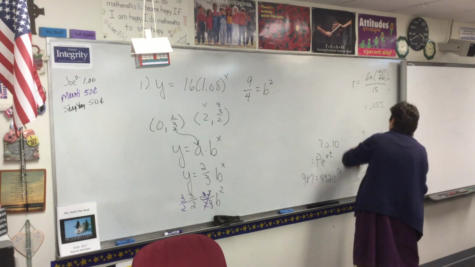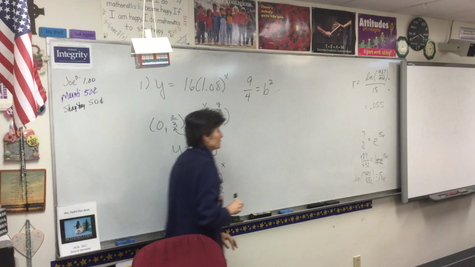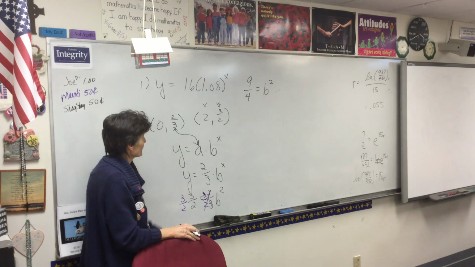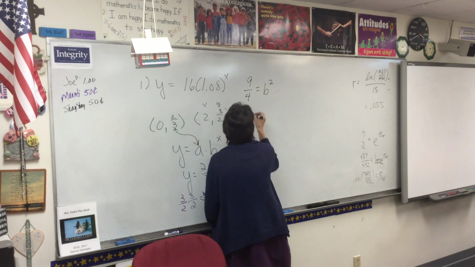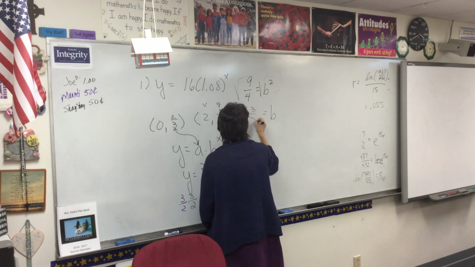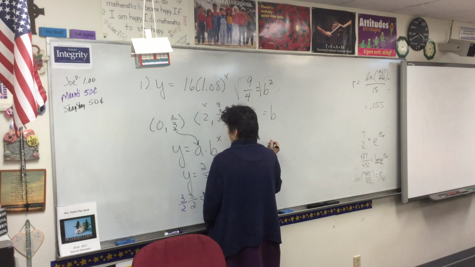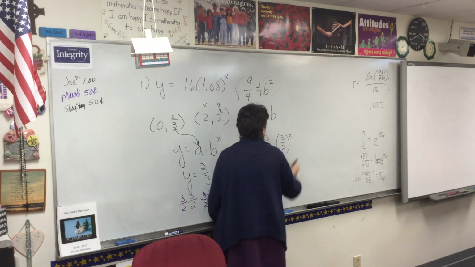I know they're fractions. Keep in mind this is no calculator, so you're gonna have to be able to deal with that. So what do I do now? Square root. Now I square root it. If I square root it, b equals 3/2. So y equals 2/3 times 3/2 to the x.